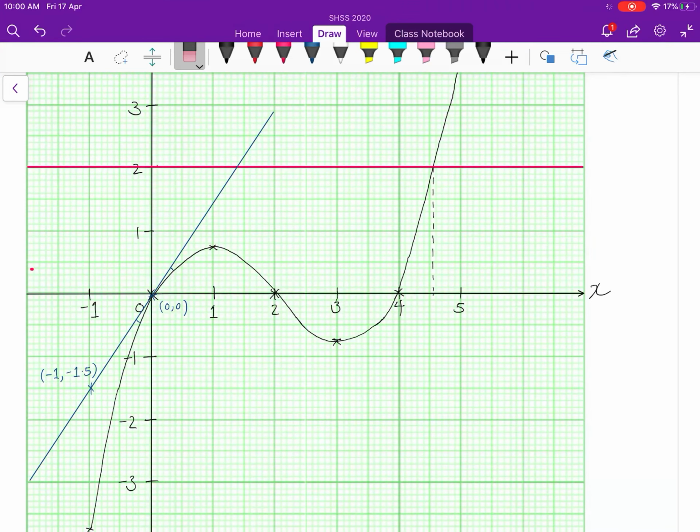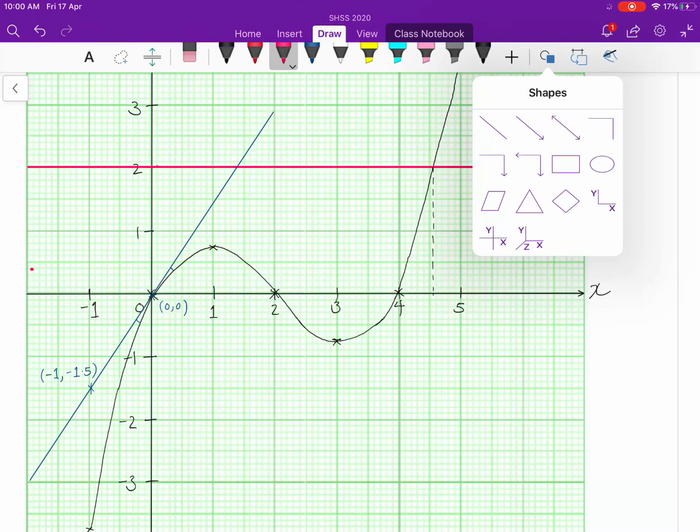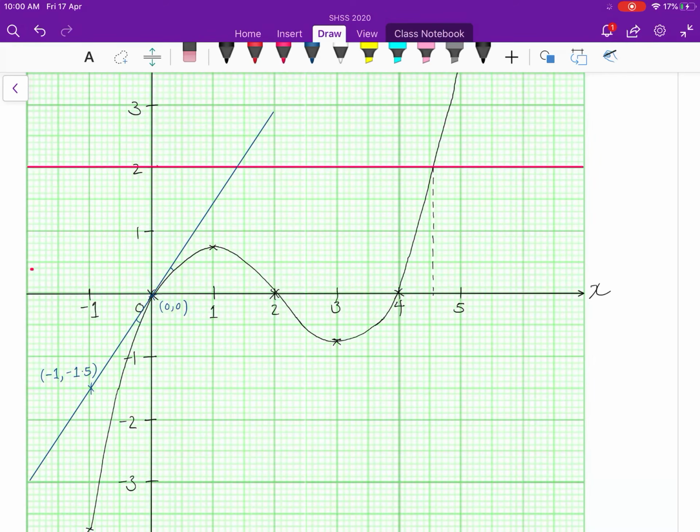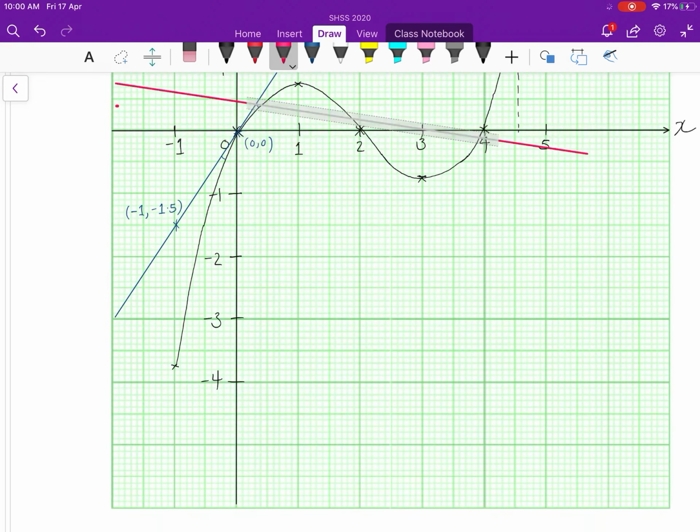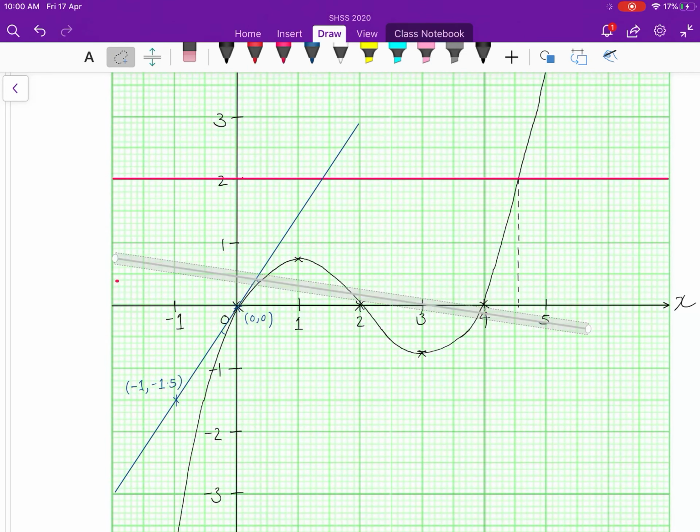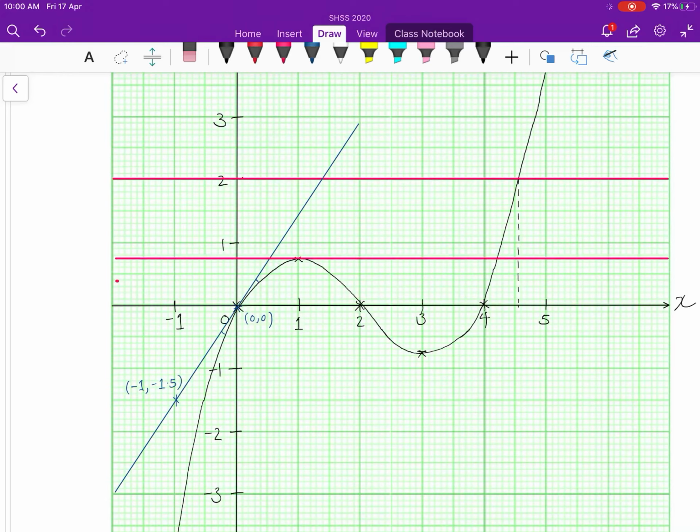Okay, I'm going to draw the line. The first line will be here. At 0.75. Make sure you use a ruler.